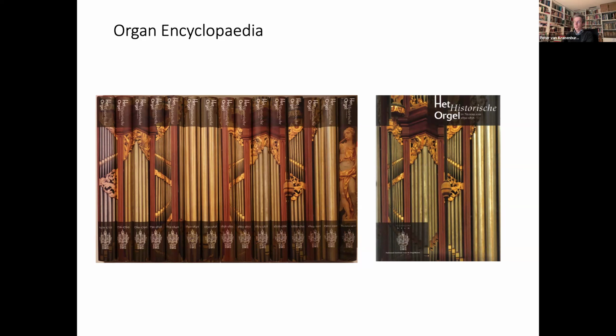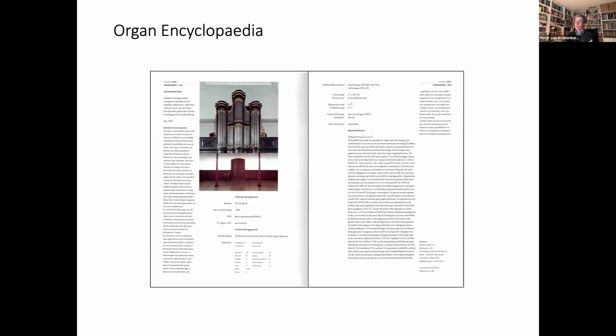It's a documentation of virtually all organs of historic importance in the Netherlands, which are around 2000. For each organ, the encyclopedia contains a history, technical specifications, running text with some peculiarities of the instrument, and literature references.